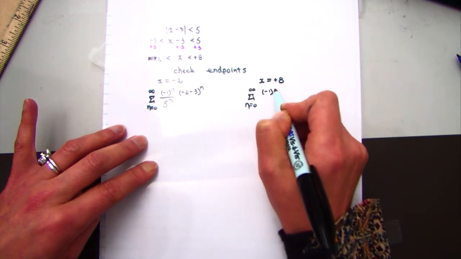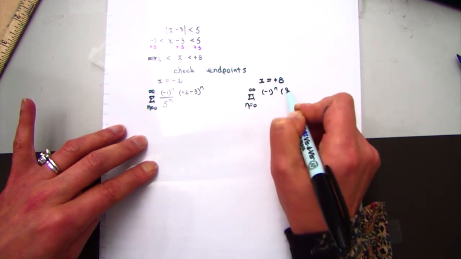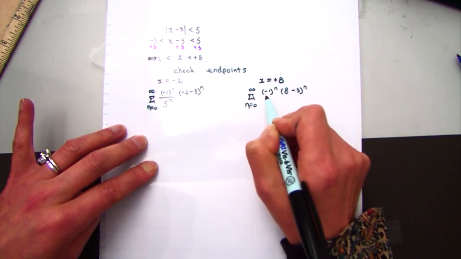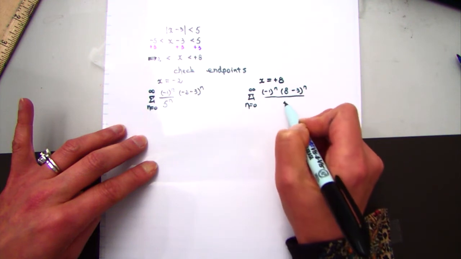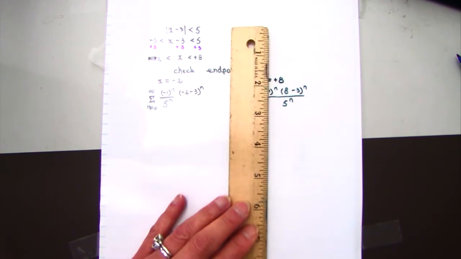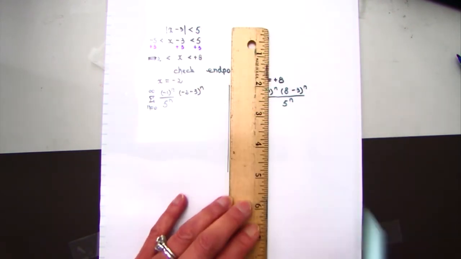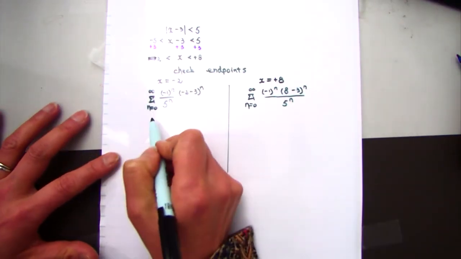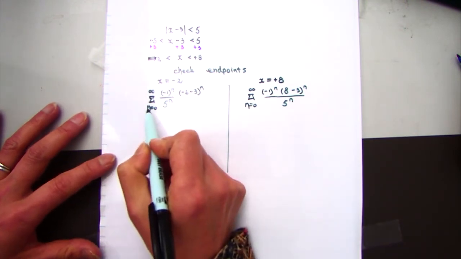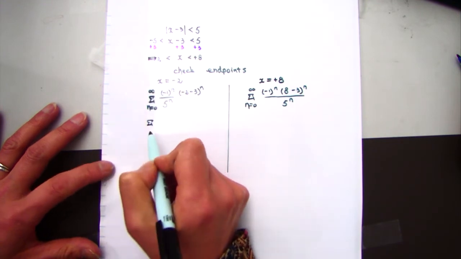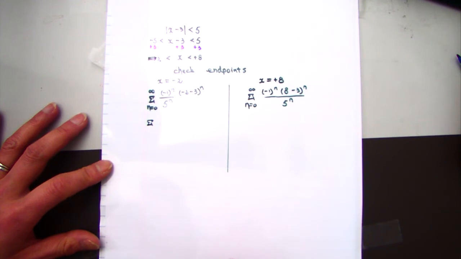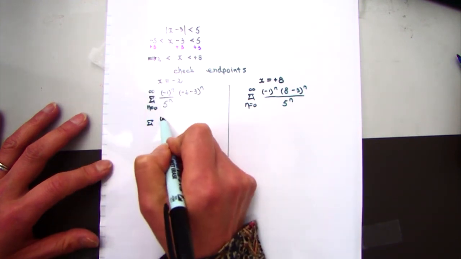Alternating signs. First step is to clean it up a little bit. If you get tired of writing n equals 0 to infinity during the process, you can just drop it and write a summation sign. Alternating signs.